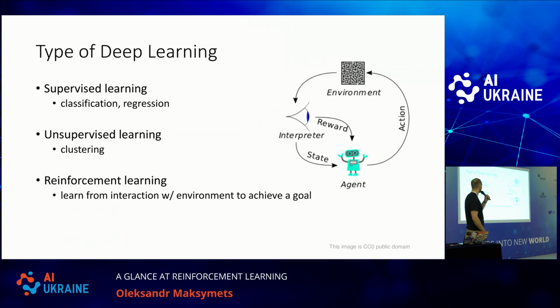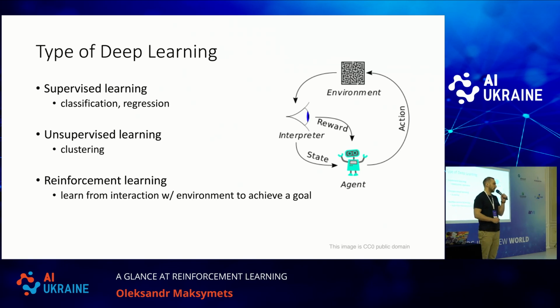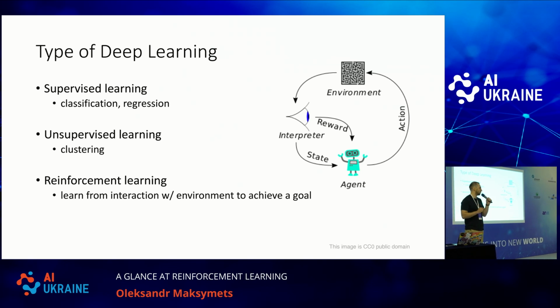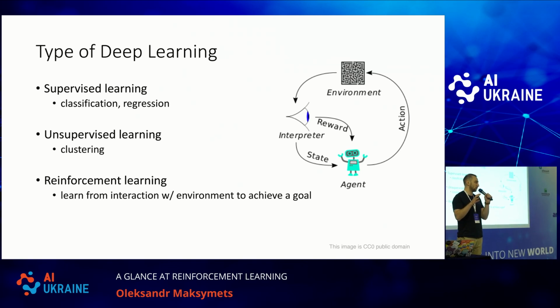Yeah, so let's talk more about reinforcement learning now. What types of deep learning and machine learning do we already know? I'm sure you know supervised learning. You learn about that when we have labels for the data, and we try to teach a model to predict those labels.